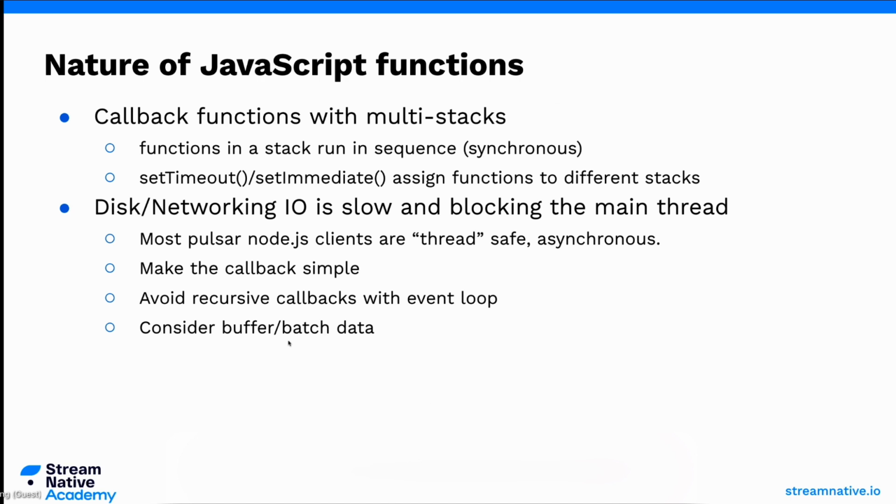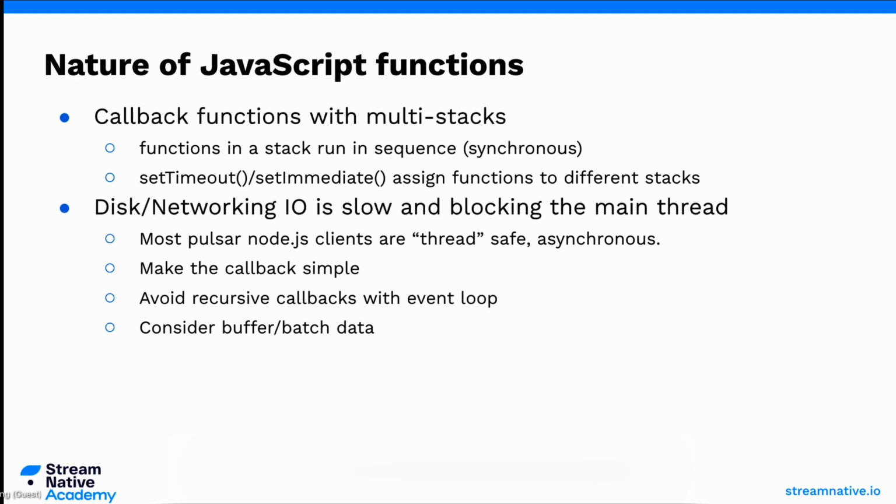So if you need to customize a lot of business logic, make every callback simple, right? Try to avoid recursive callbacks, right? So like in a function, you create another callback function, and you create another callback function, and then you call back the first function. That would be a circle, right? So you never come out.